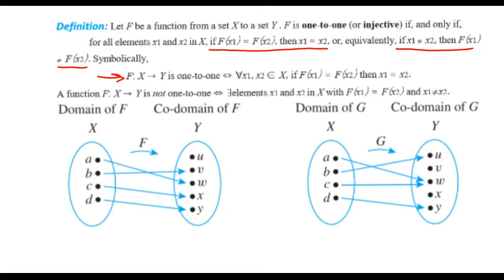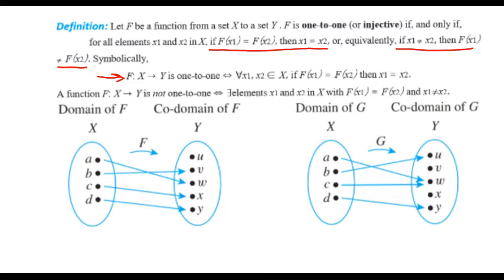Now let's look at a few figures so that we can understand the concept of one-to-one function. What does one-to-one function mean? As you look at the left figure, this is a function that is one-to-one. Why?